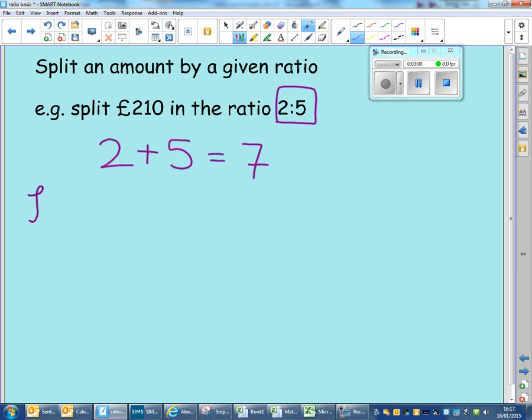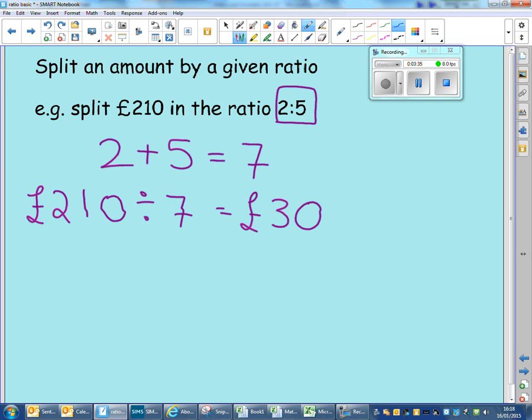And then we say, if I were to split the £210 into rows of 7, how many coins would I have in each row? How many 7s make up 210? And the answer to that is 30. You can get your calculator if you'd like.